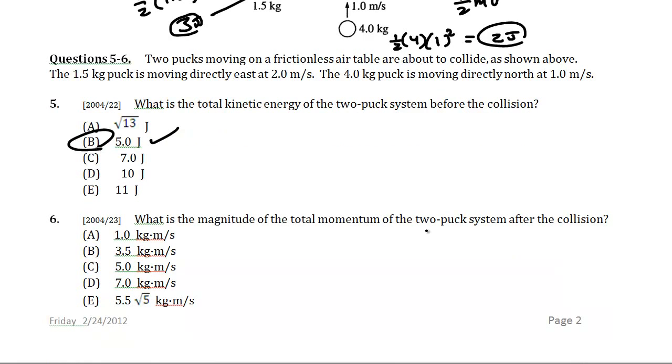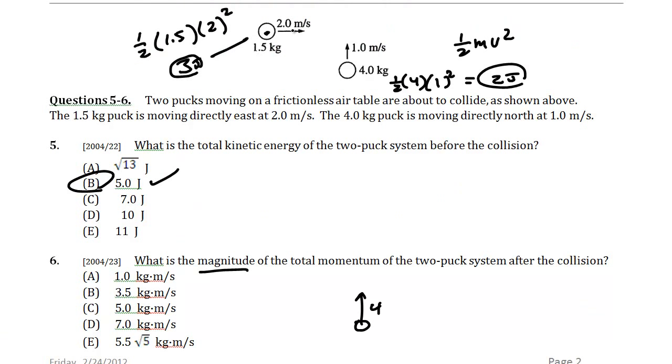And now we want the total magnitude of the momentum. So magnitude means we don't care about direction, but you definitely care about direction when you're solving this, because we have 4 units of momentum from the one heading up the page. The one heading to the right has 1.5 times 2, 3 units of momentum this way. So the total momentum, now it talks about the total momentum after what we want, but that's simply equal to the total momentum before.